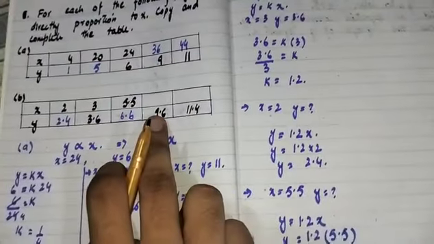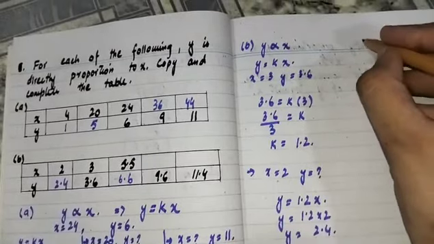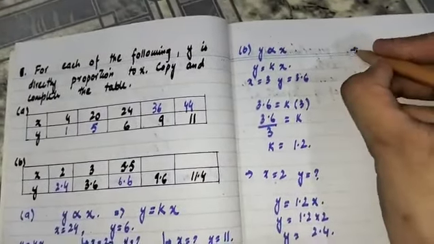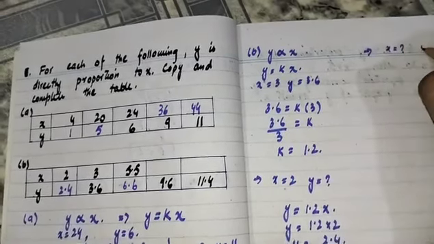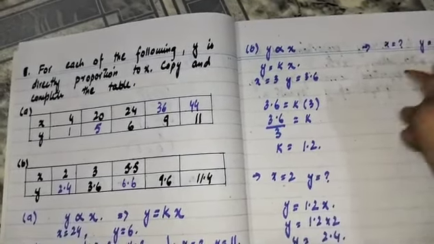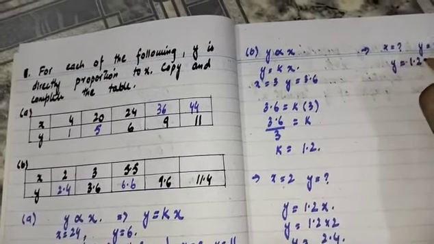Now we will find the value of x when y is 9.6. The given equation is y = k times x, where k is 1.2.